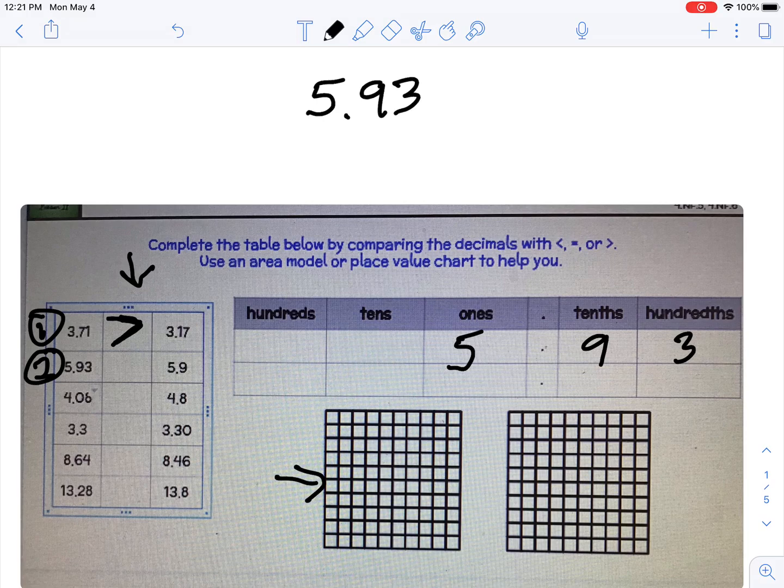So for number 2, my first mixed number is 5.93, and the next one is 5.9. So I want to always make sure my decimals are right underneath or on top of each other. And you want to make sure your numbers are lined up correctly, right? So notice my top number has 3 digits, my bottom has 2.